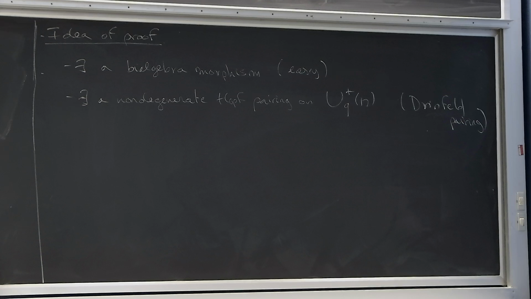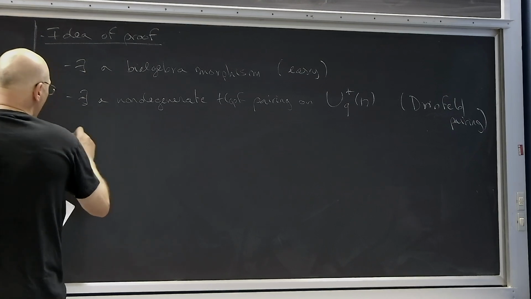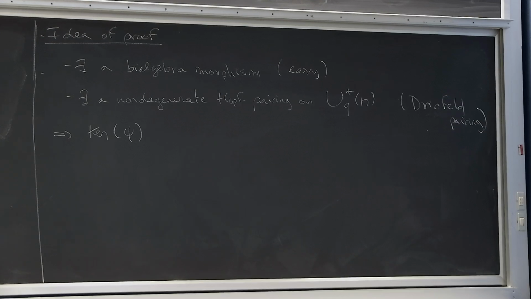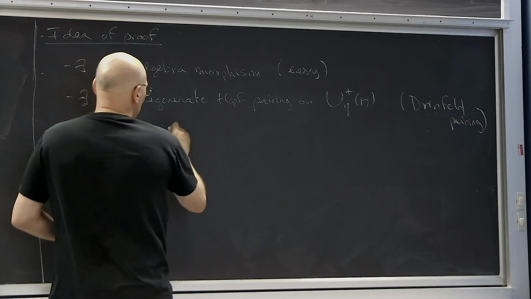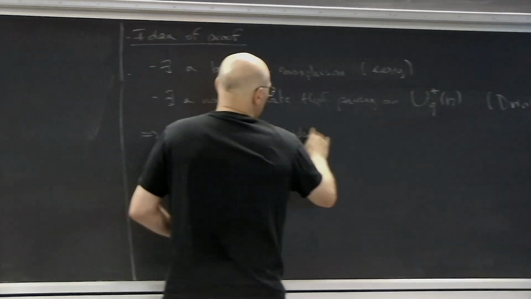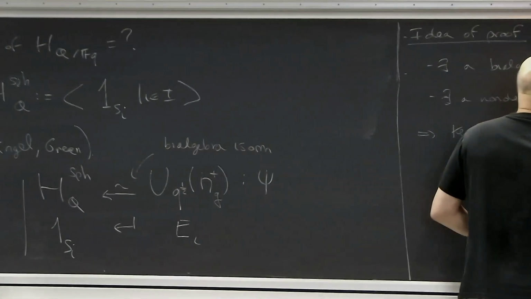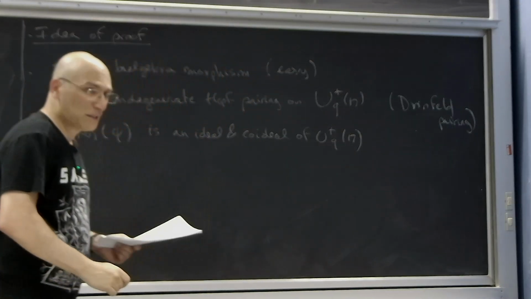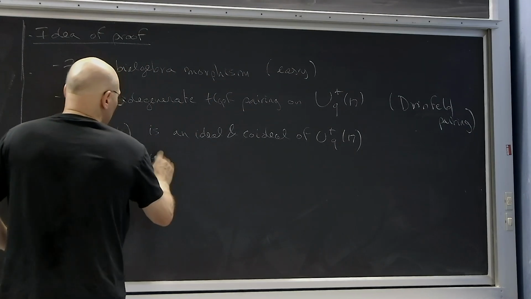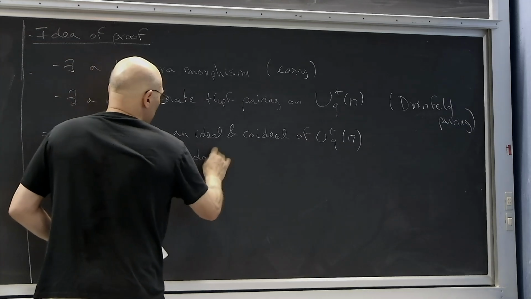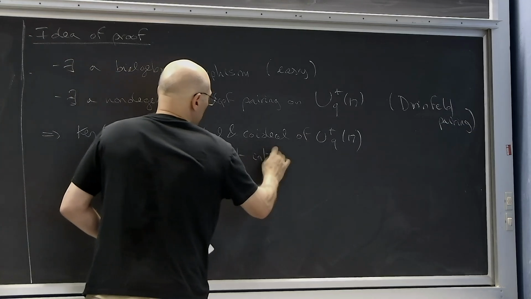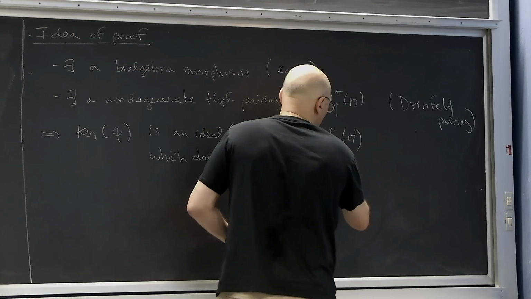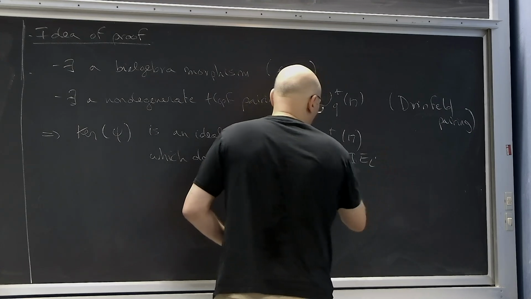And therefore, the kernel of psi, let's call this, is an ideal and co-ideal of U_Q^+(n), which does not intersect, of course, the piece in degree 1, in dimension 1.